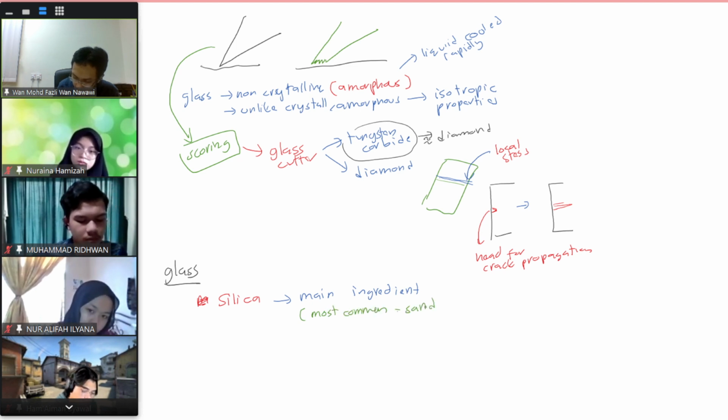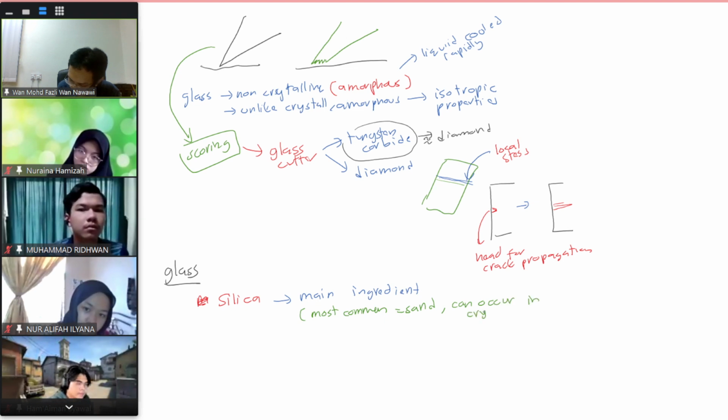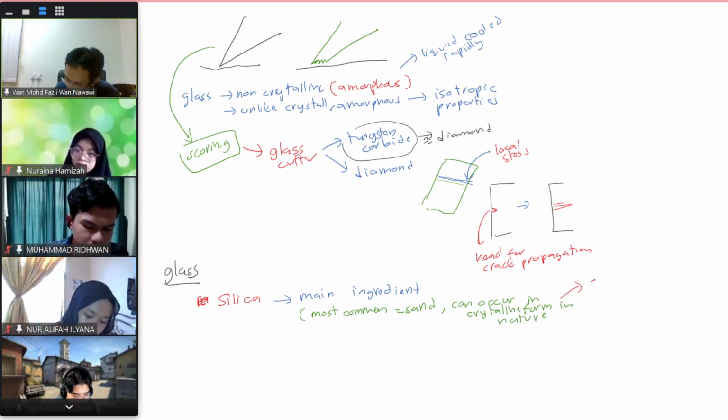As I said before, ceramic is normally amorphous, meaning non-crystalline. But silica can also occur in crystalline form in nature, which is quartz. Sometimes you see a crystal like this.